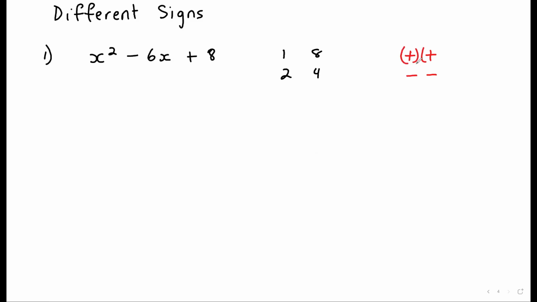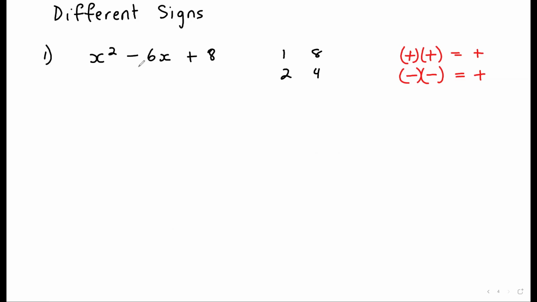Because a negative by a negative and a positive by a positive will both give you positives, right? Same signs. So whenever you have a positive C value but a negative B value, the two signs are always going to be negative, no matter what, because that's the only way you could end up with this negative 6.